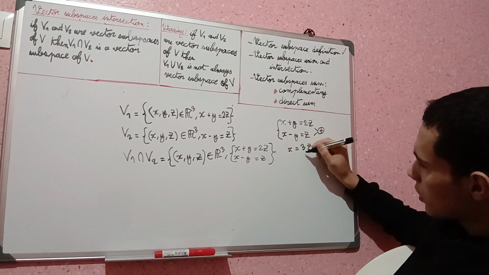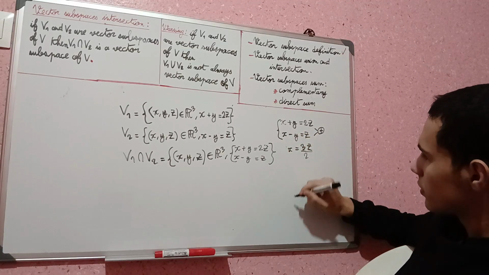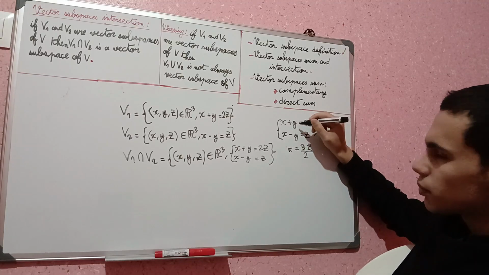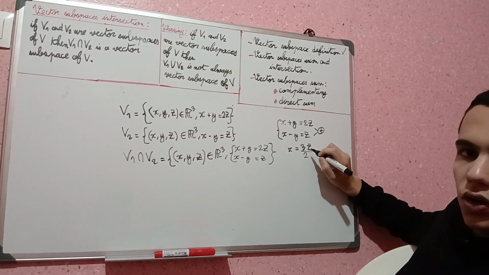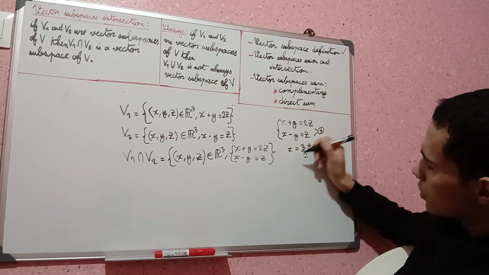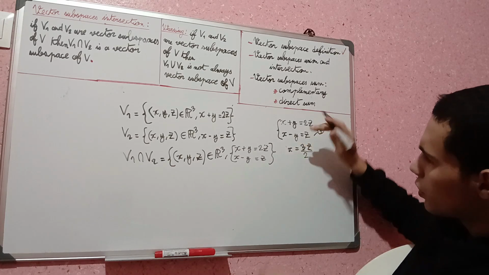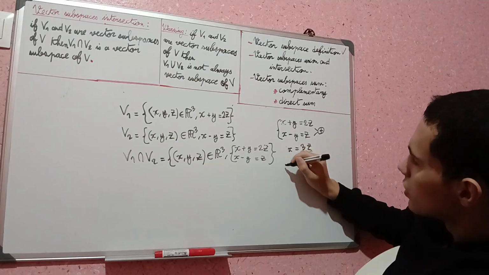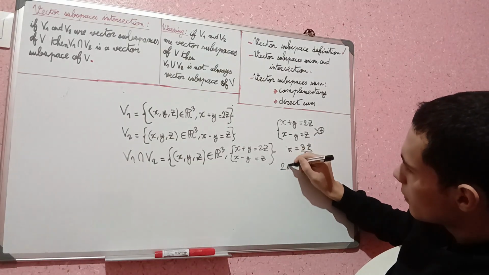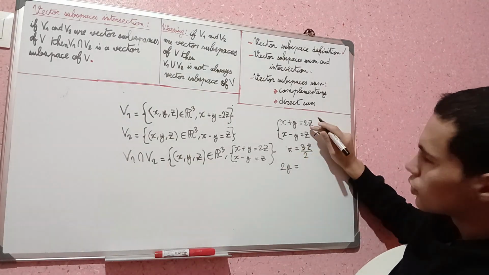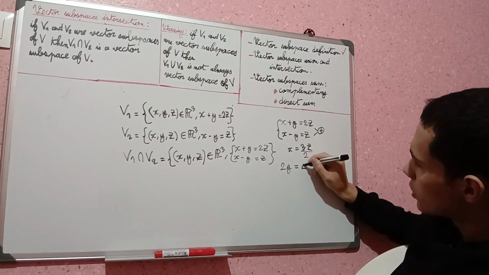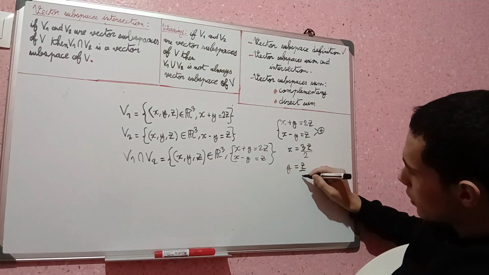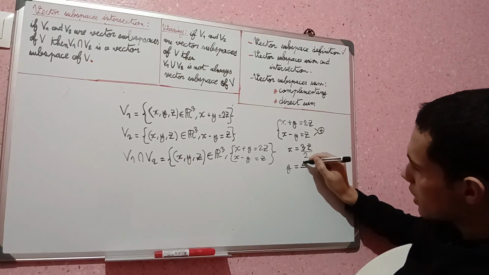So x equals 3z over 2. Then let's do this minus this. So we have 2y equals 2z minus z, which is just z. So y equals z over 2.